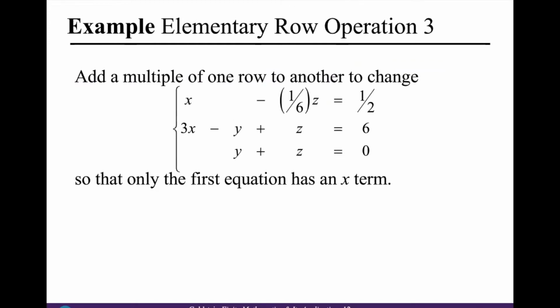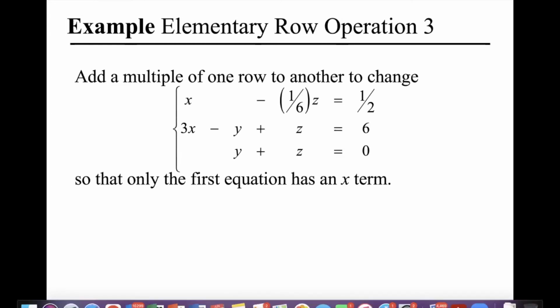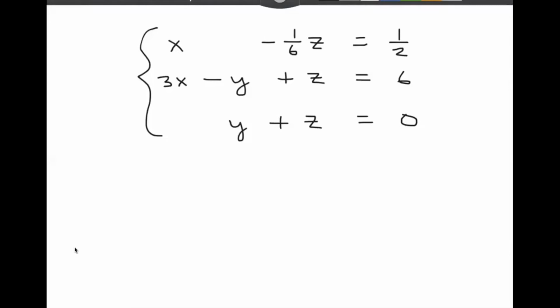So once again, let's go back to the tablet. Now, this particular row operation takes a little getting used to. All right, so we want to get rid of this 3x. And so what we're going to do is change row 2 by adding to it a multiple of row 1.